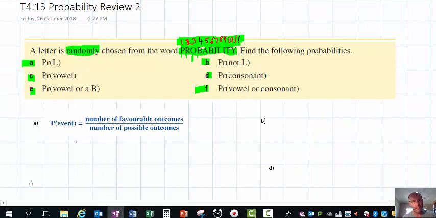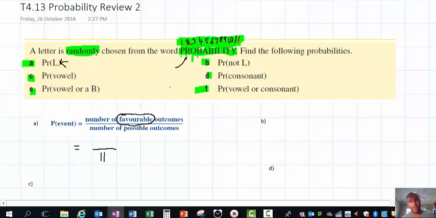So we've got the number of favourable outcomes divided by the number of possible outcomes, and the first event in part A is choosing an L. There are 11 letters in probability, so the number of possible outcomes is 11. There's 11 things that could happen, 11 balls if you chose one. The number of favourable, perhaps not quite the same as the way favourable is used in regular conversation, means the one we're looking for, the one we're interested in.